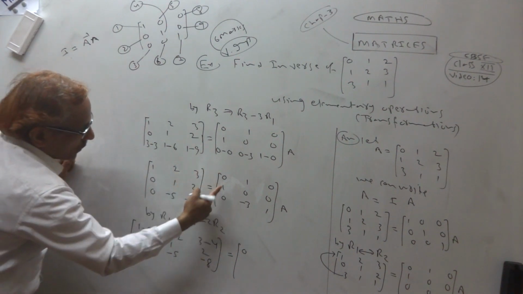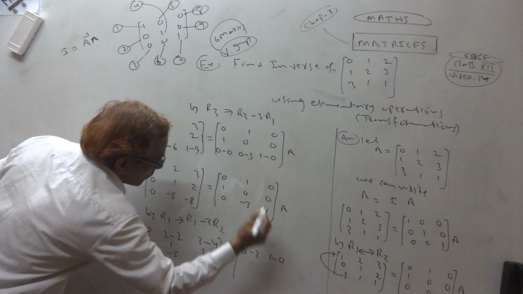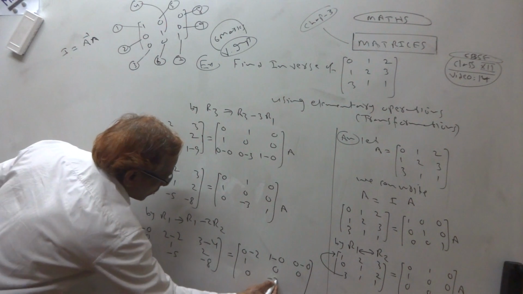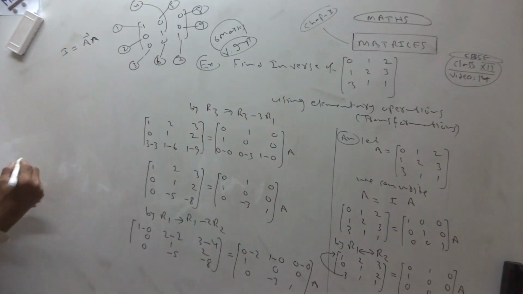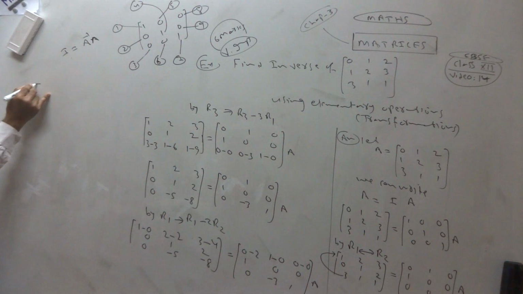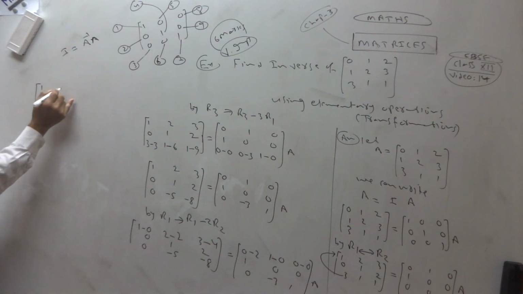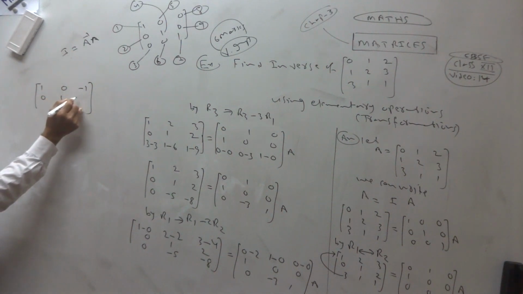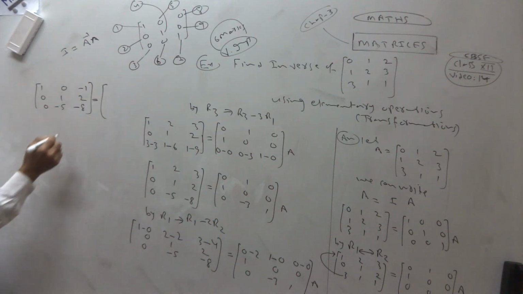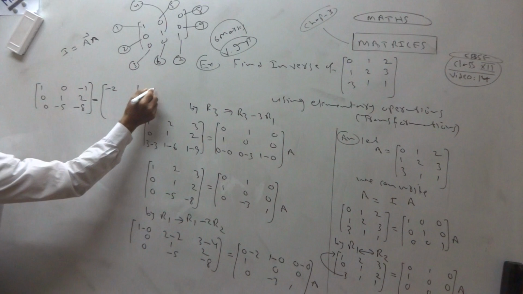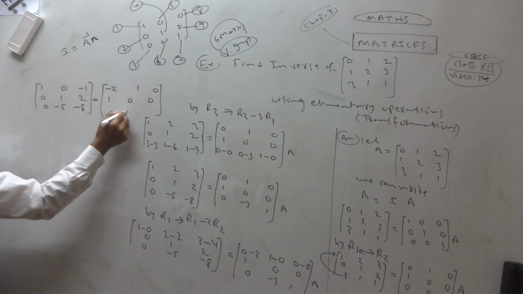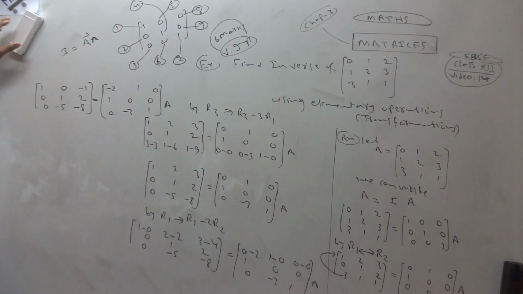So 0 minus 2 ones are minus 2, 1 minus 0, 0 minus 0. What we are getting here: 1, 0, minus 1; 0, 1, 2; 0, 5, 8 is equal to minus 2, 1, 0; 1, 0, 0; 0, minus 3, 1. Yes, this we got.